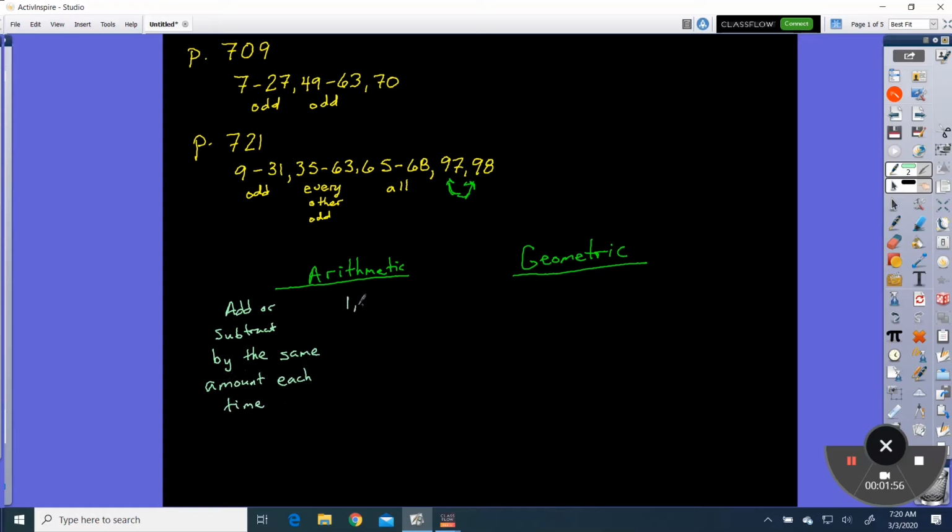So like 1, 5, 9, 13, 17, dot, dot, dot. So that's arithmetic because you're adding by 4. And they call the amount that you add or subtract each time the difference. They label it as D. So they'll say find the common difference if it's arithmetic. So the common difference would be D is 4.